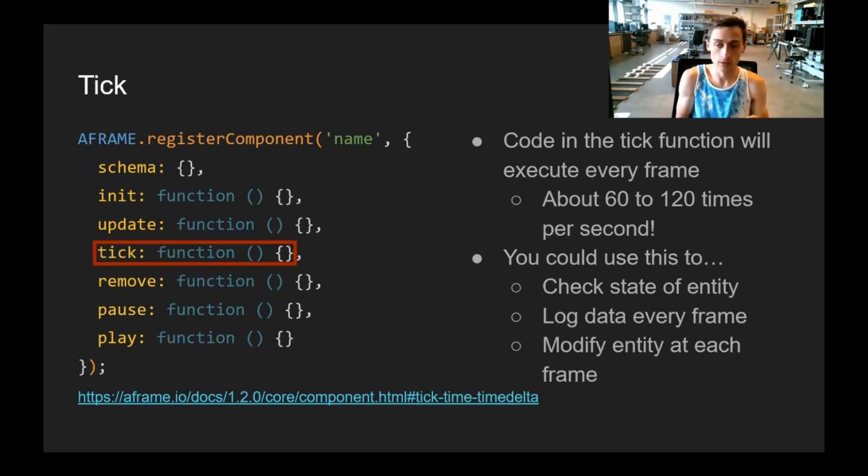So it's going to get called every one of those frames. And really, the main use for this is you could check the state of the entity with every tick. Again, like I said, you can use it to log data, possibly the position and the rotation of the object that the component is attached to. And you could also use it to modify the entity at every frame.